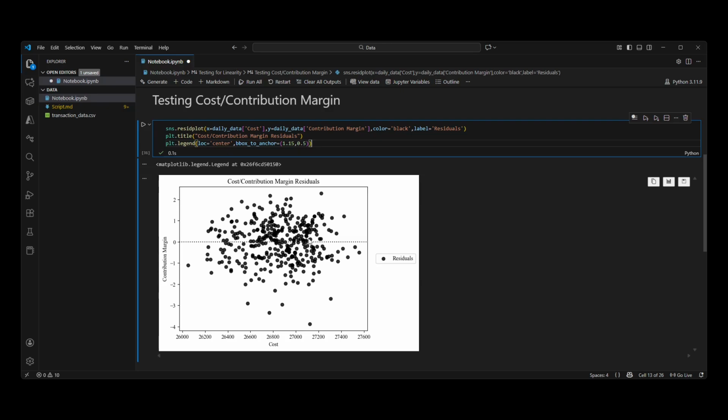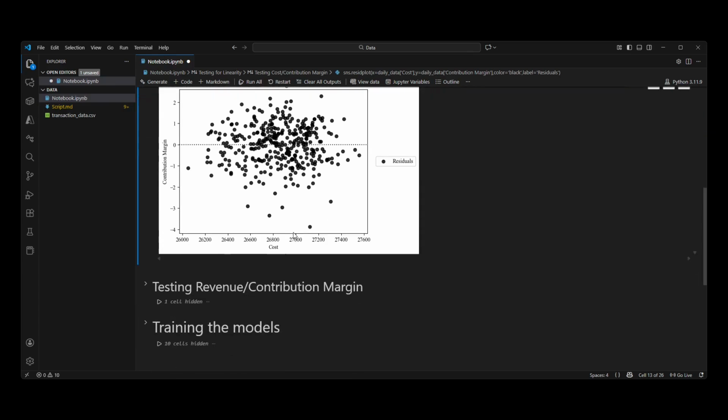But you see here, these are the residuals. This random scattered about pattern right here tells us that it actually is linear. If it were not linear, we would see these grouped together and there would be a curve like a rainbow or a U, or it would make an S or something. So we know that cost and contribution margin against each other do have a linear relationship.